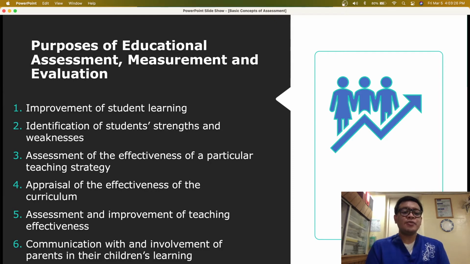As teachers, we have to make sure that there are lots of strategies that we could apply. And now, through technology, we have lots of strategies in teaching, and we need to assess and evaluate them properly for effectivity. Fourth, appraisal of the effectiveness of the curriculum.